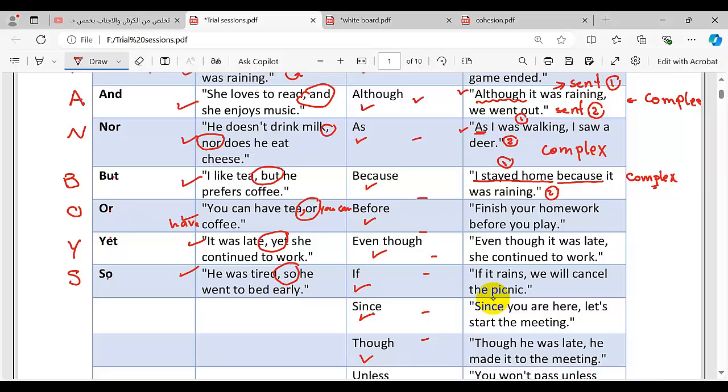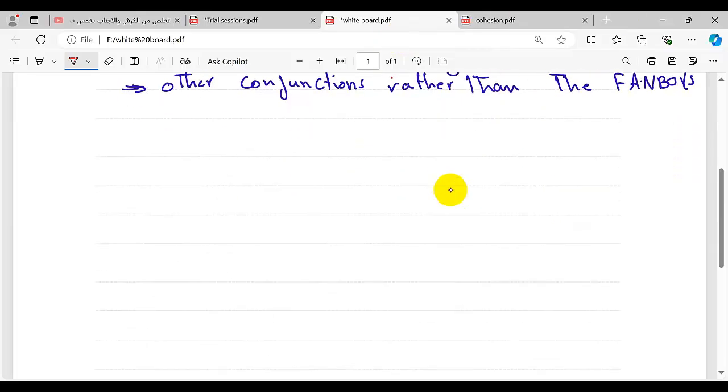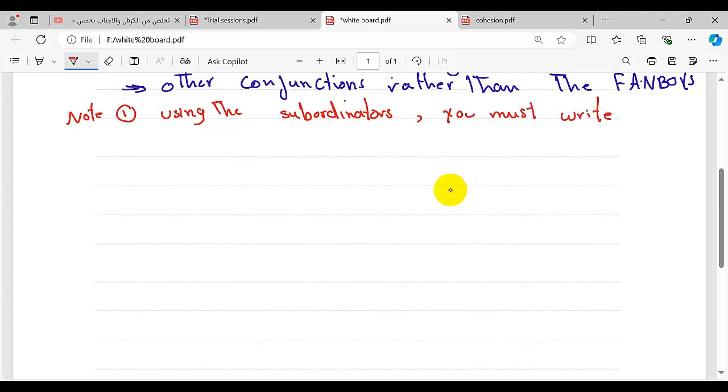Okay, alright. So we have two notes here. These two notes are very necessary. Note 1: if you use the subordinating conjunctions, the subordinators, you must write two related sentences.